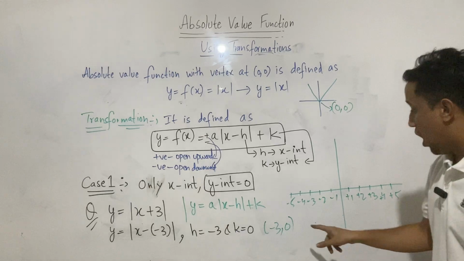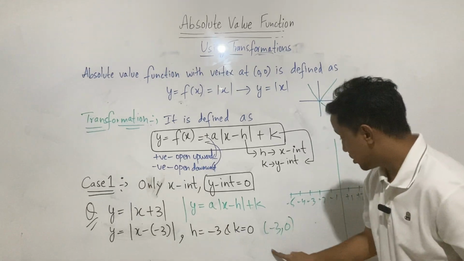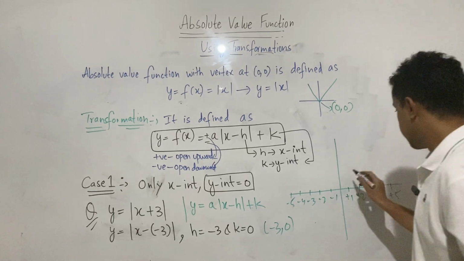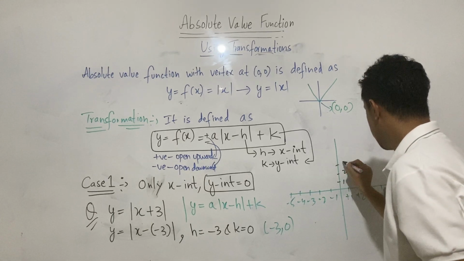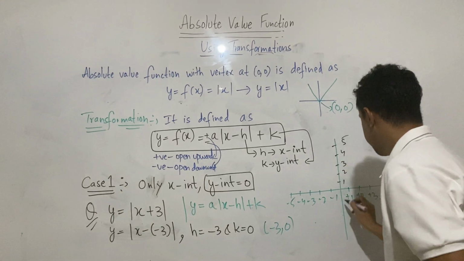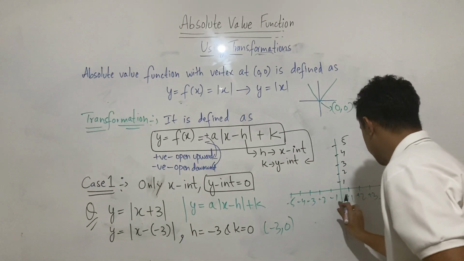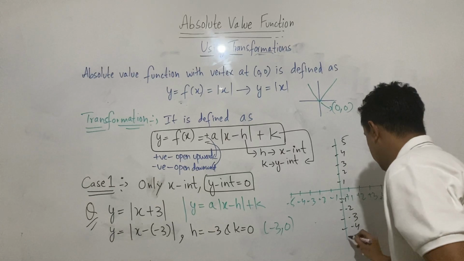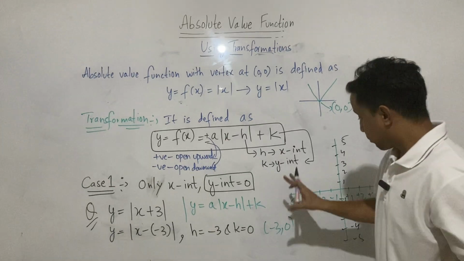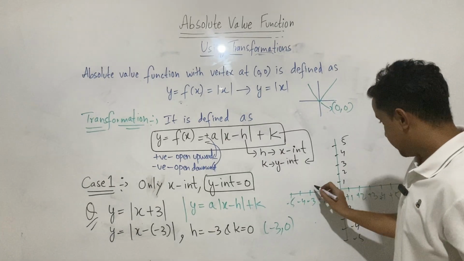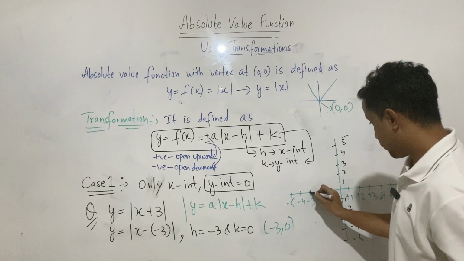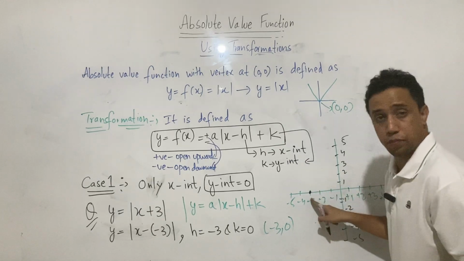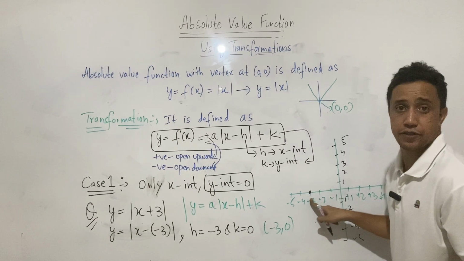Now this is minus 3, 0. It means my vertex is going to be at this point.